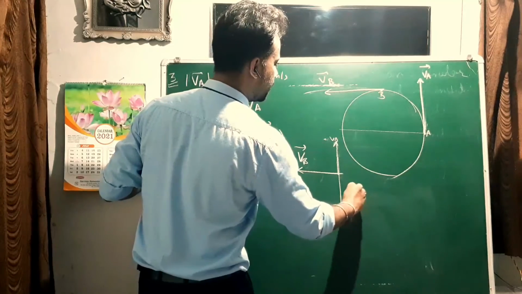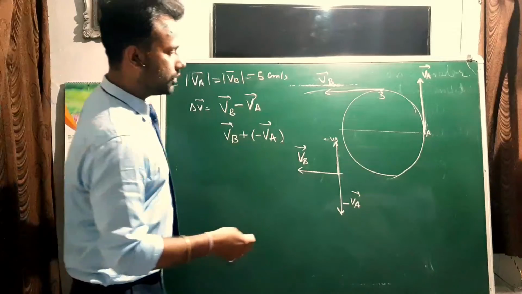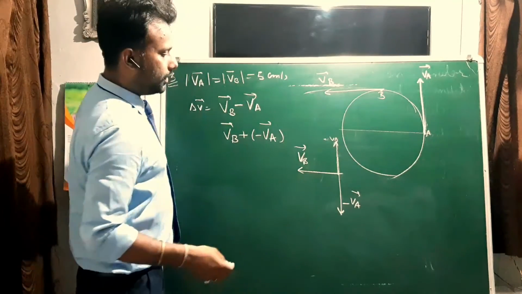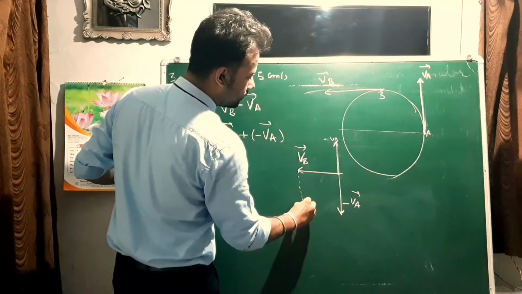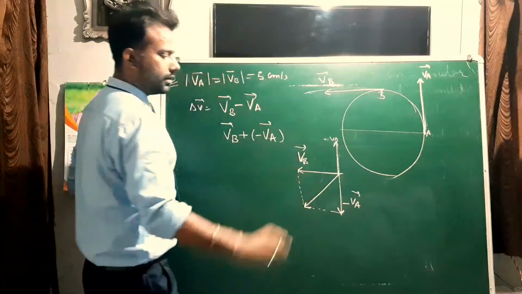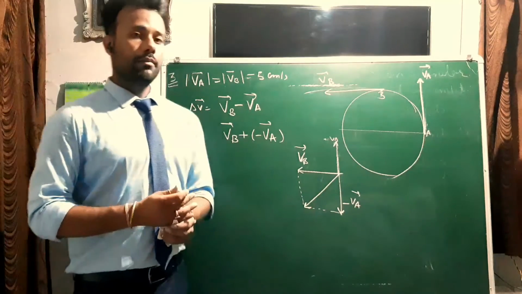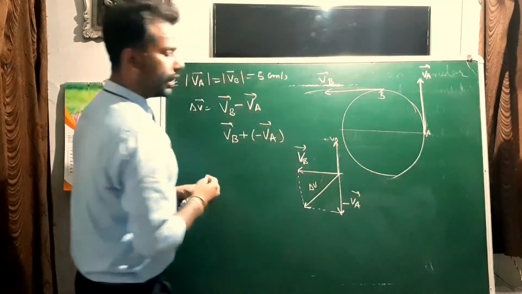This will be minus VA because we have to add VB plus minus VA. Now what will be the resultant? The resultant will be here. This will be the resultant according to the parallelogram law. This is del V, right?